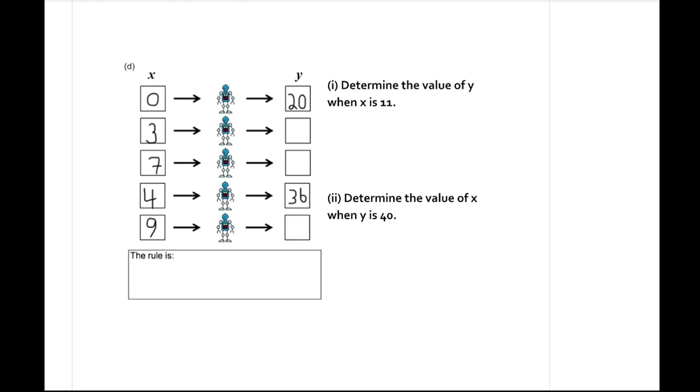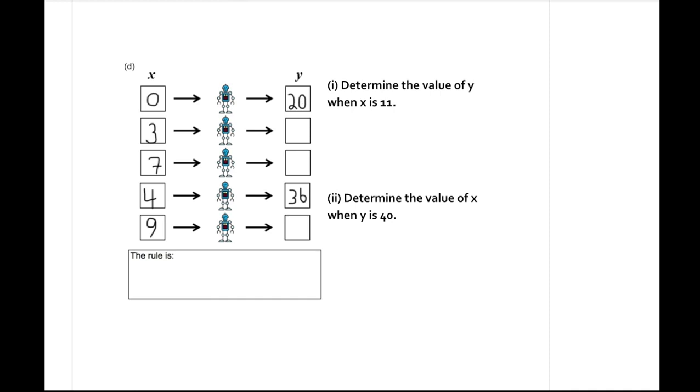Right? We could, again, use trial and error, figure out what I multiply 0 by, and add something to get to 20, multiply 4 by something, and then add something to get to 36. We could look for a multiplier only, or a direct variation first. Is there a number that we can multiply 4 by to get to 36 and 0 by to get to 20? There's not.